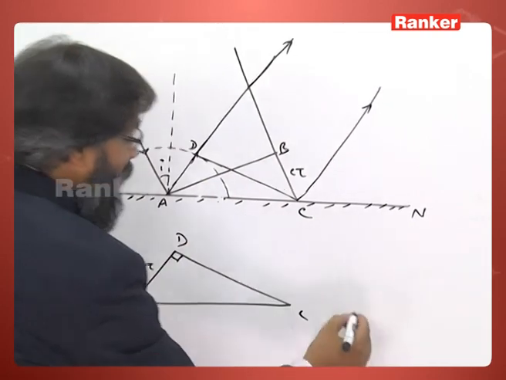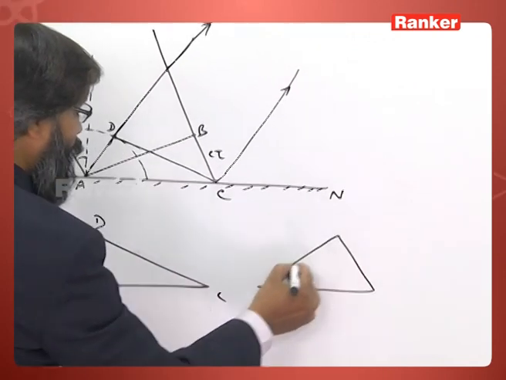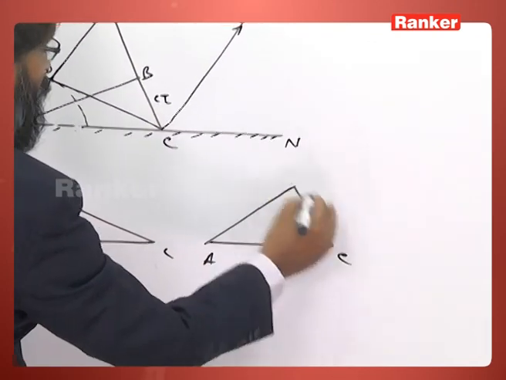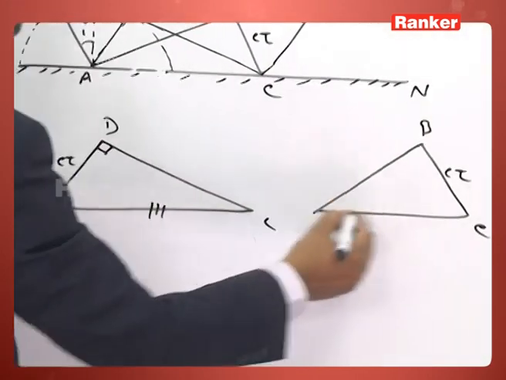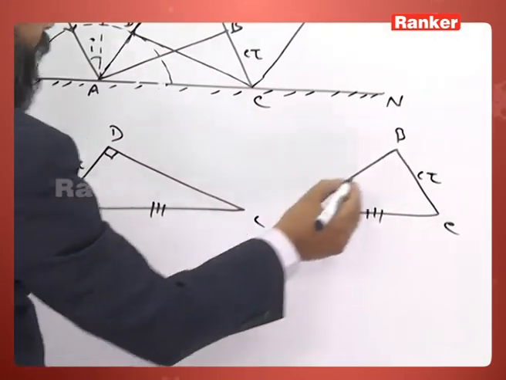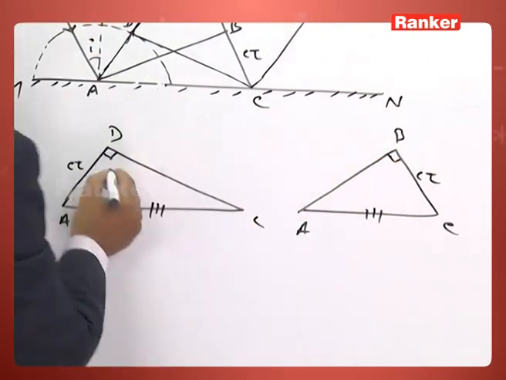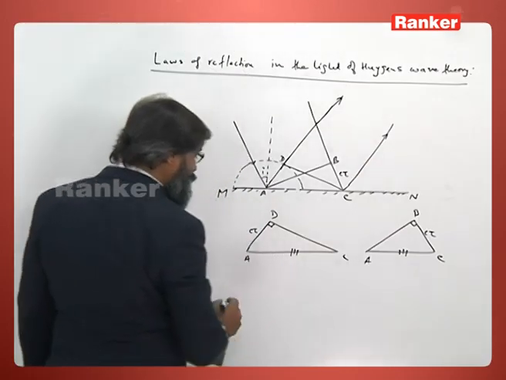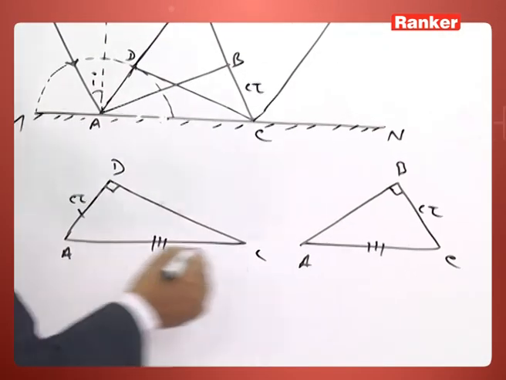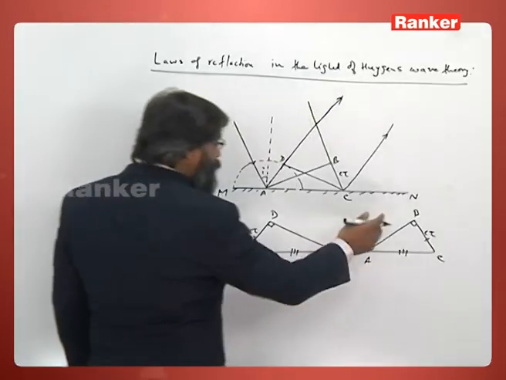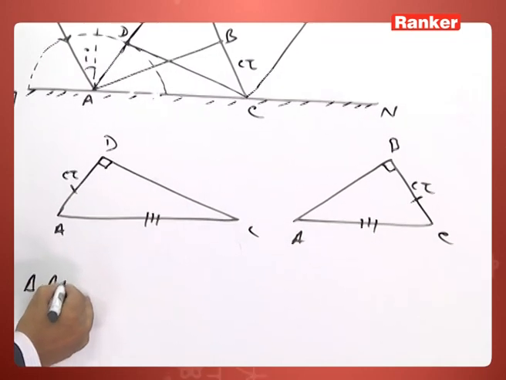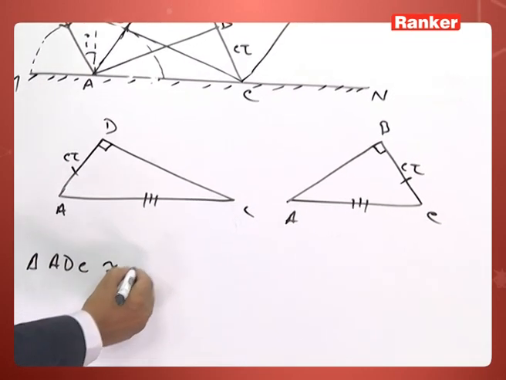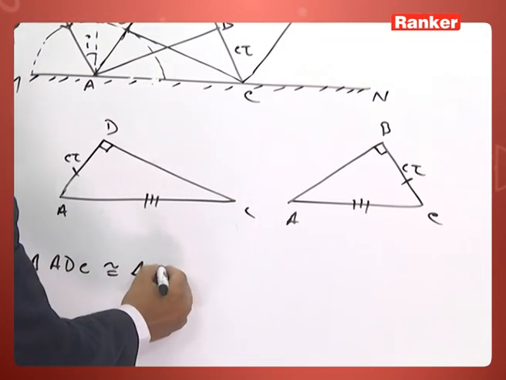In the other triangle ACB, this is equal to c tau. AC is common in these two triangles. This is 90 degrees, this is 90 degrees. So triangle ADC is congruent to triangle CBA.